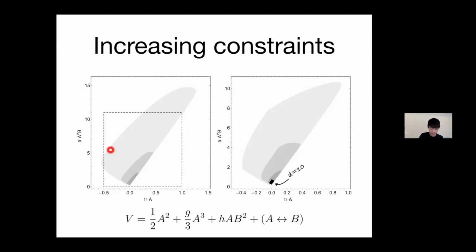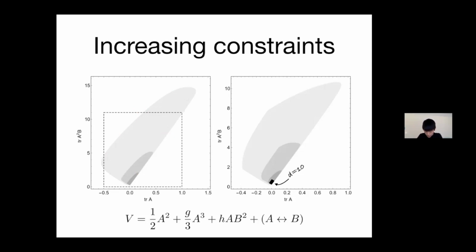And again, just like in the single matrix case, it appears that as you increase the constraints, the allowed region is shrinking to a point. So this gives us some optimism that even for the general model, there's a convergence of this method to the exact solution. This gives us some optimism, despite the fact that I don't have an argument like the nearly null vector stuff, which explains why the single matrix model algorithm worked.